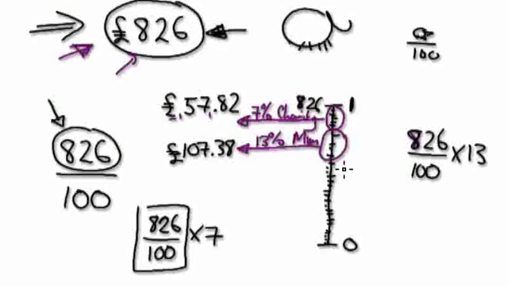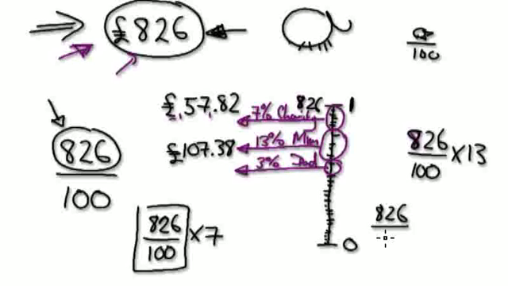Okay, and let's say your dad's not being nice to you today, so let's only give him 3%. So that means you're giving 3 pieces to your dad. So 3% to your dad. So what that means is, start with your one whole thing, which is 826. Divide it into 100 pieces, and then you're only going to give 3 pieces to your dad.